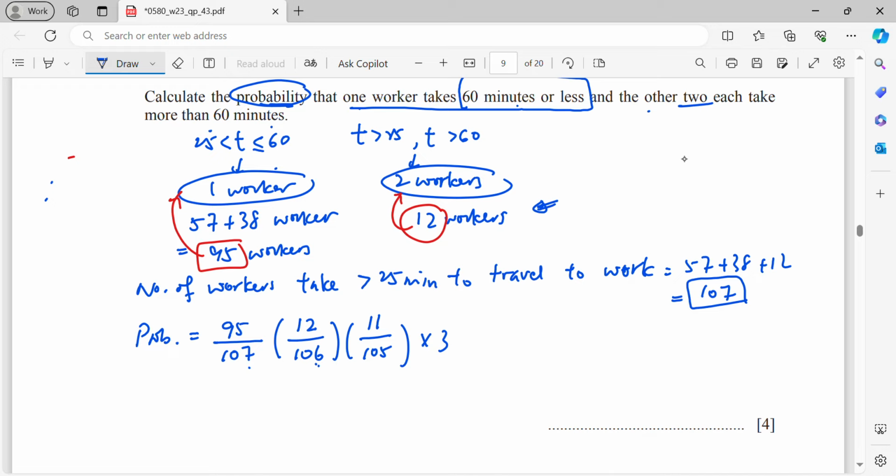So then here is going to be 1254 over 39697. So this is going to be your probability. Alright, because there are 3 different persons. So that's all for this question.